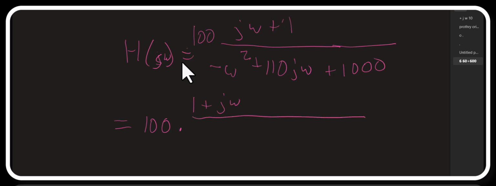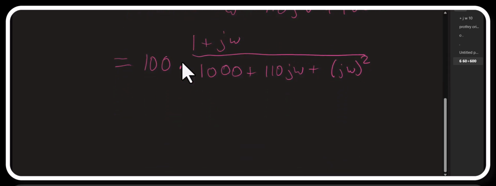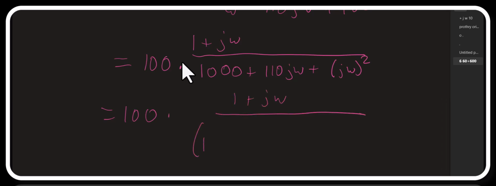The bottom you could rewrite as 1000 plus 110 j omega plus, in parentheses, j omega squared. And if you do that, you can see that it factors into 100 plus j omega times 10 plus j omega.